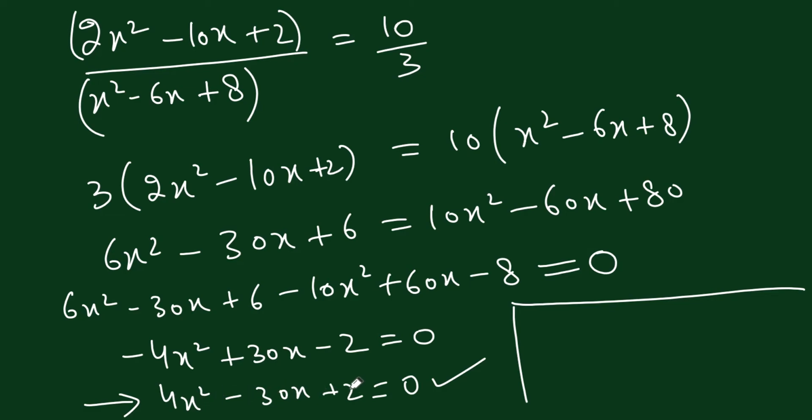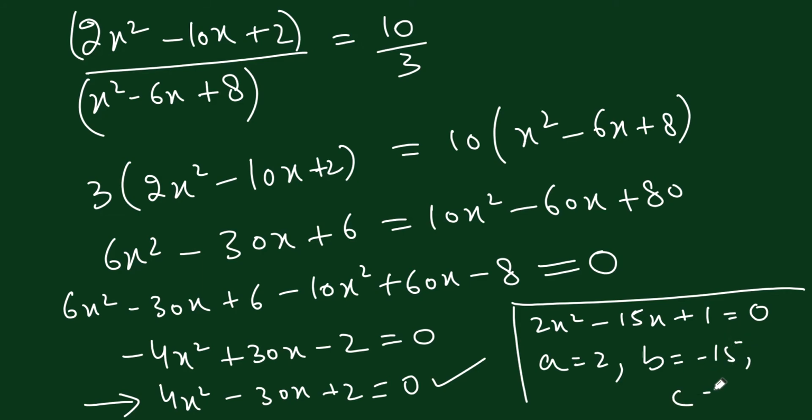I can divide each term by 2. It will become 4x square by 2 is 2x square, minus 30 by 2 is 15x, and 2 by 2 is 1, 0 by 2 is 0. So here a is 2, b is minus 15, and c is 1. Substitute in quadratic equation formula a, b, c, you will get two values of x, which are called the roots of the given equation.